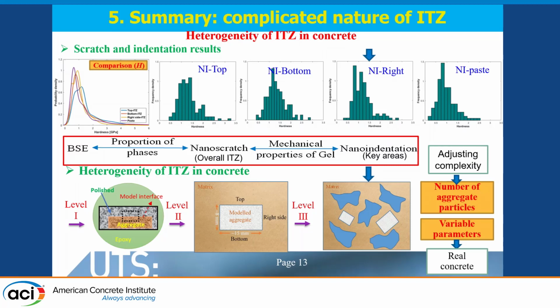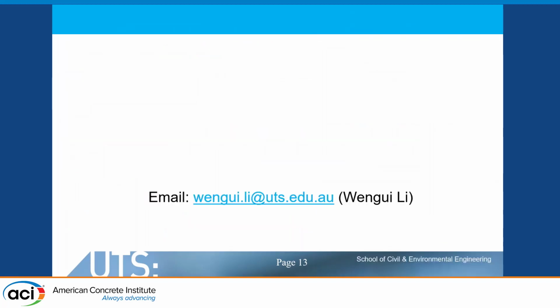Then you can use the Nanoscratch, which gives you an idea about the mechanical properties of the interface, the gel, and other things, and nanoindentation in the key areas. Then, using all of this combined, you will have a good idea of the features of your interface.